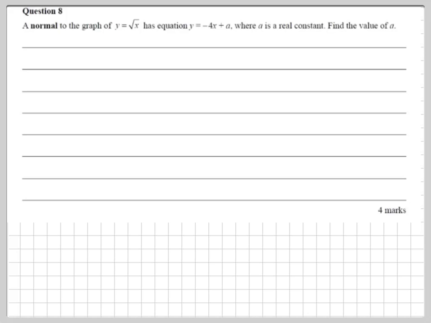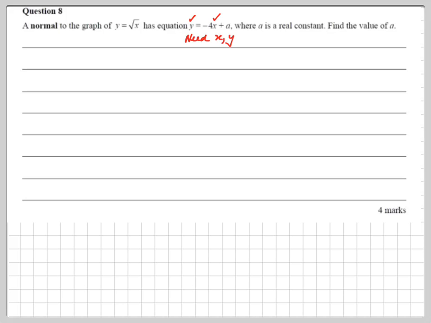That's the second step. Then I can plug the y and the x in the normal equation to get a, I think. Let's just go with it and see where we go.